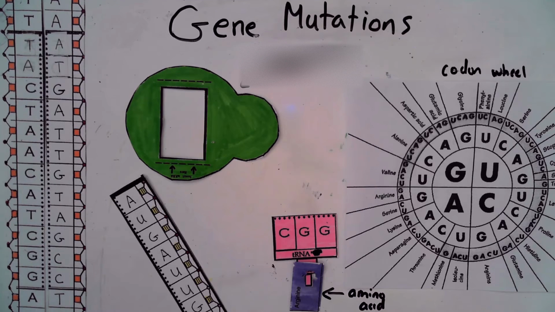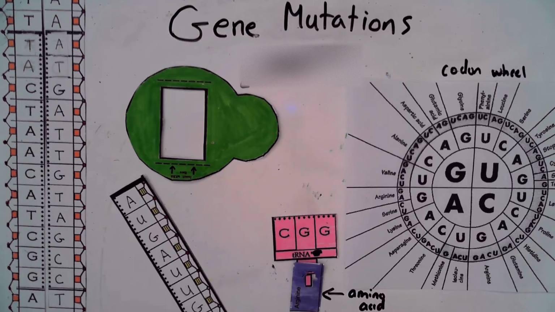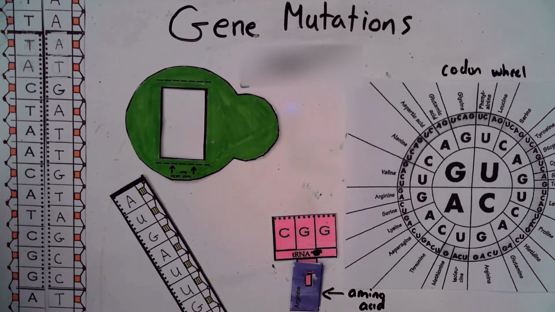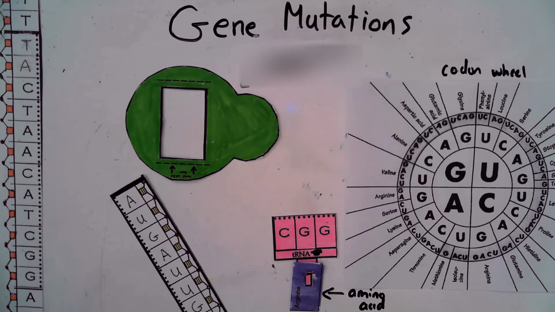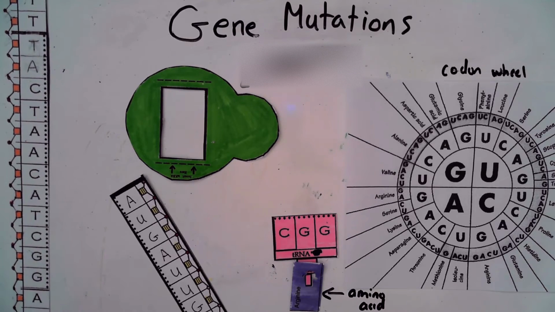Before we can talk about how specific different types of mutations in the DNA could result in changes for the organism, we need to look at this original DNA and what it would originally code for in terms of its amino acid sequence. So we're just going to look at the left-handed side of the DNA, often called the template strand.